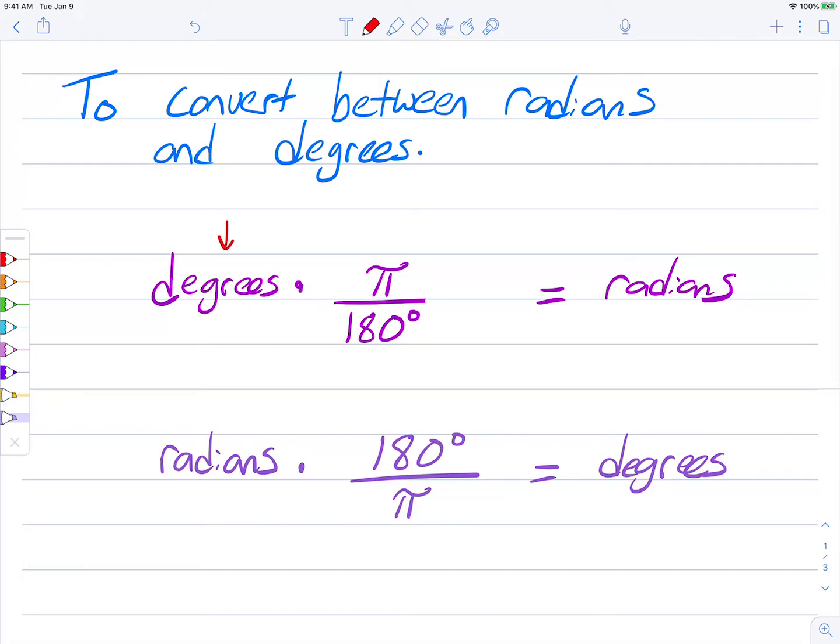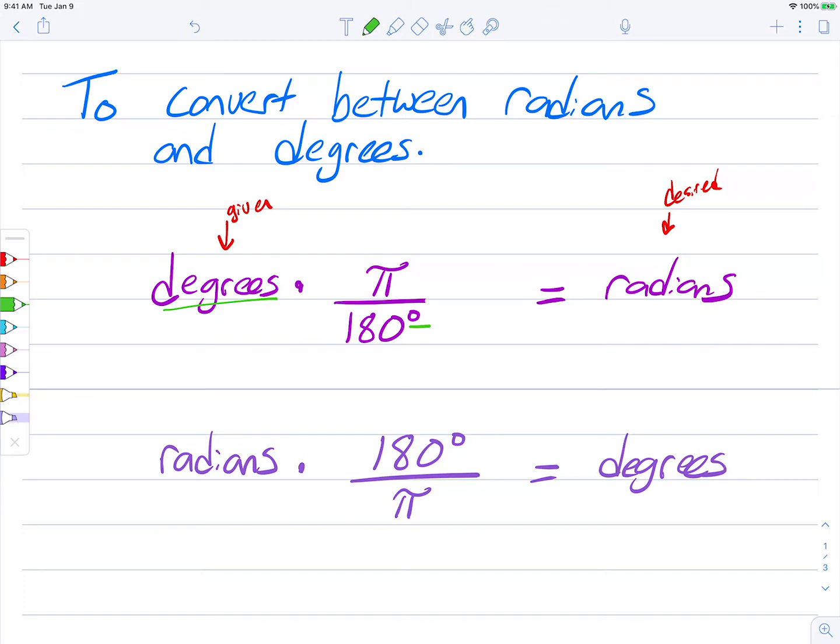If you are given degrees and the desired measurement is radians, then you multiply by pi over 180. If you're taking a chemistry class, you will have done something very similar, because the degrees cancel.